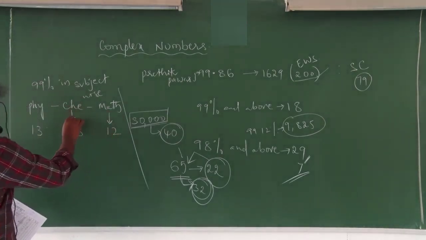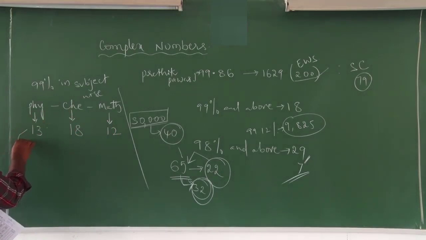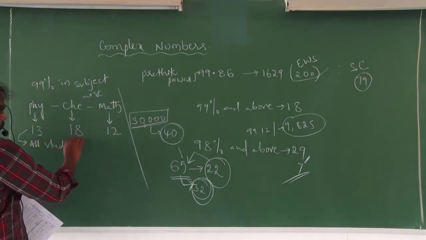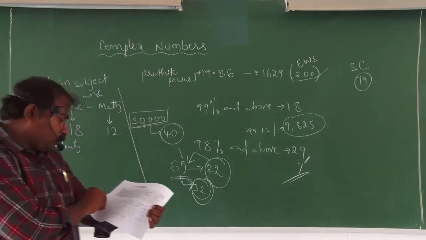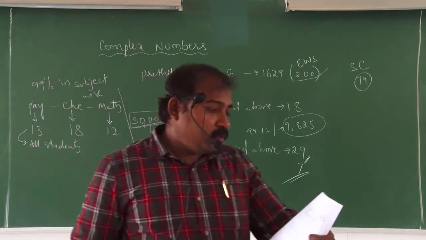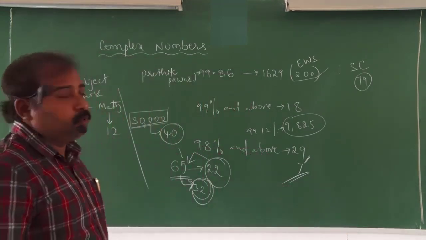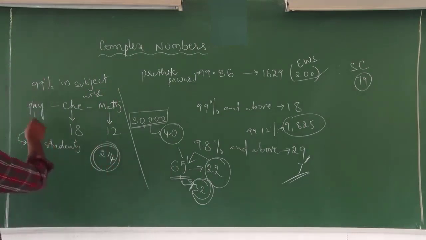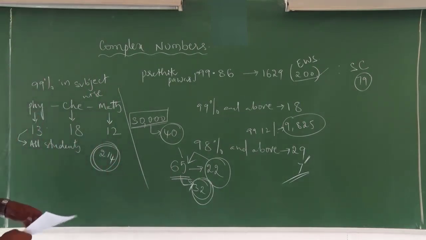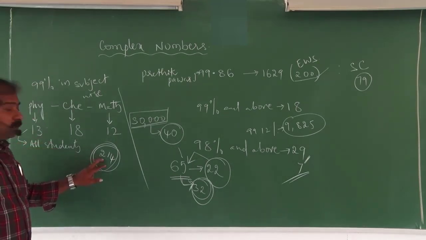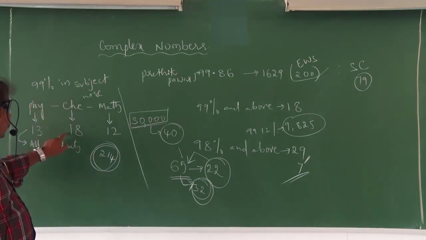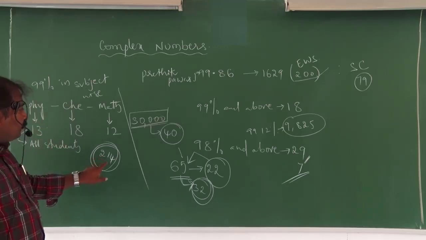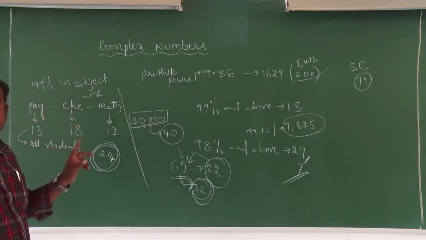This is for the entire college, all 214 students. Out of these 214, 13 got 99 percentile in physics, 18 in chemistry, and 12 in mathematics.